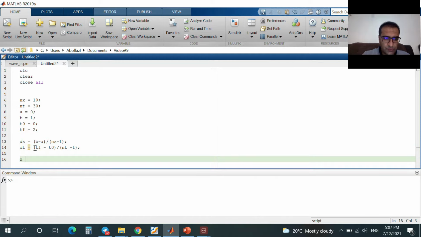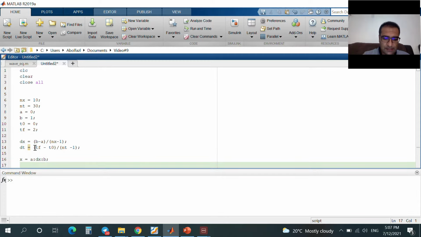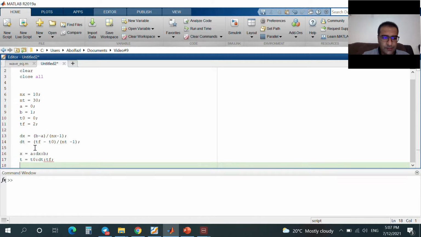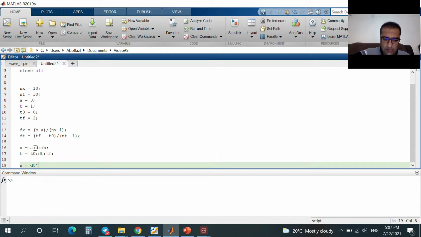Therefore, x should change from a with a step of dx to b, and t should change from t naught with steps dt to tf, right? What else? Let's define the factor s here, and this is dt squared divided by dx squared.